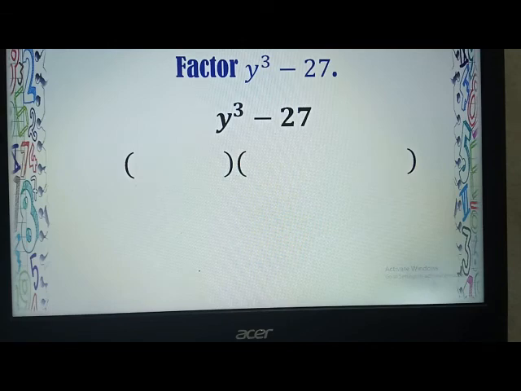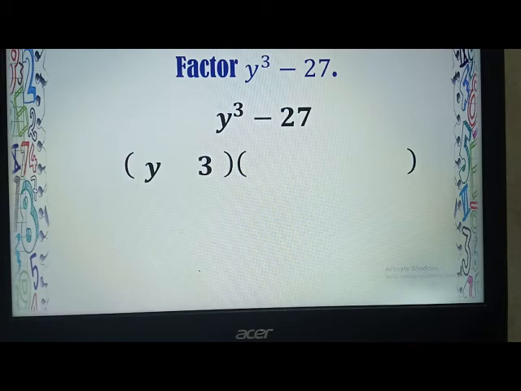So we have y, and then the exponent is 3 divided by 3, which is 1, y raised to 1, or simply y. Next, cube root of 27. We all know that 27, when expressed in a power of 3, is 3 cubed.